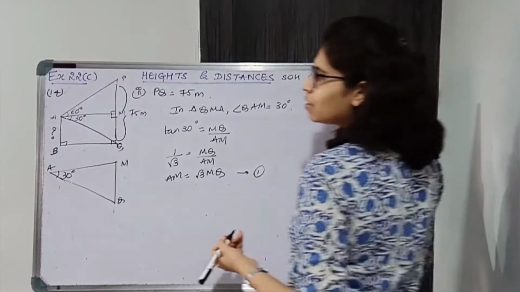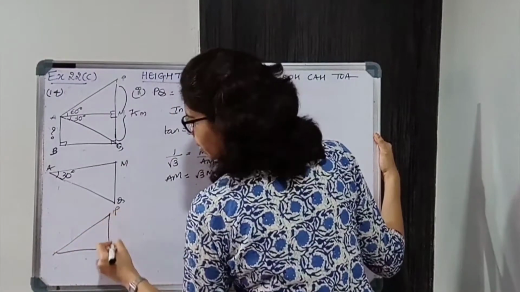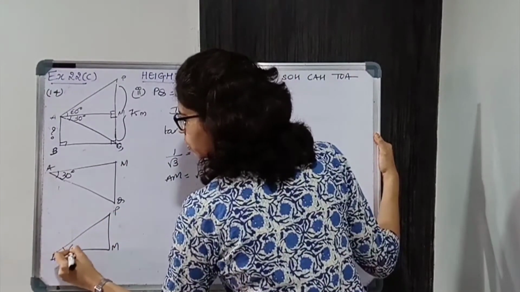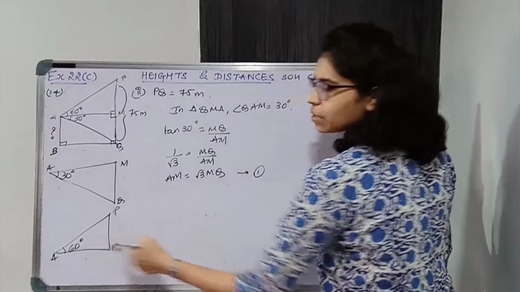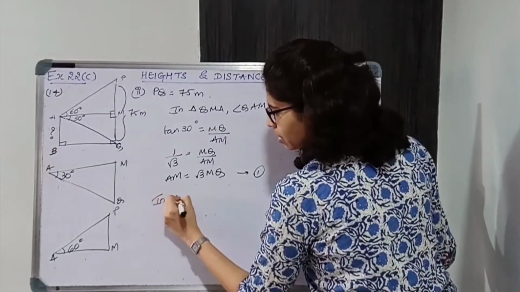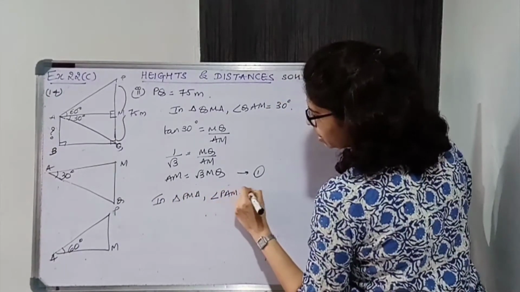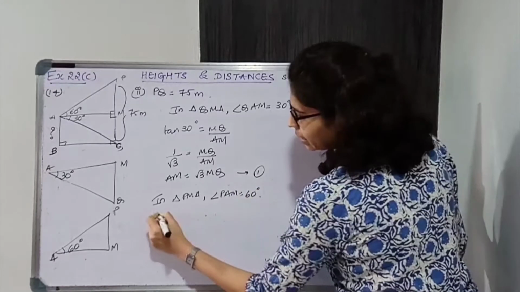Now we'll consider triangle PMA. So PMA, I'm drawing this separately for understanding. So PM को AM से relate करेंगे. So opposite and adjacent again. So in triangle PMA, angle PAM is equal to 60 degrees. Now we'll take tan of the angle.